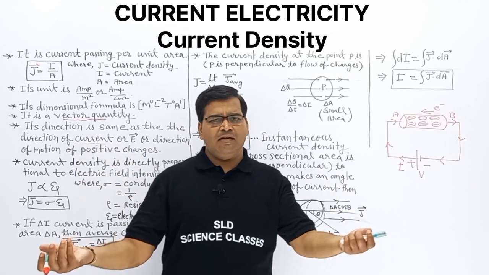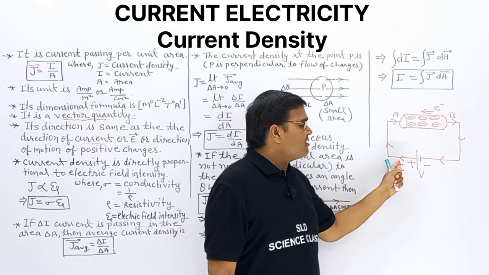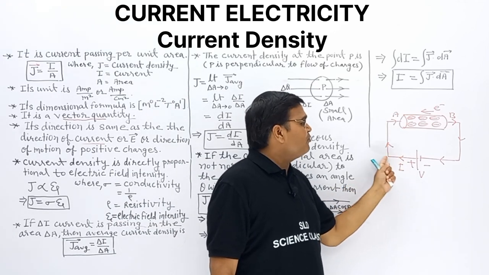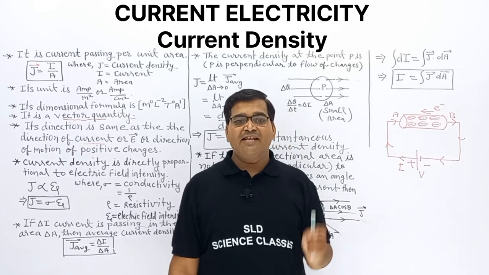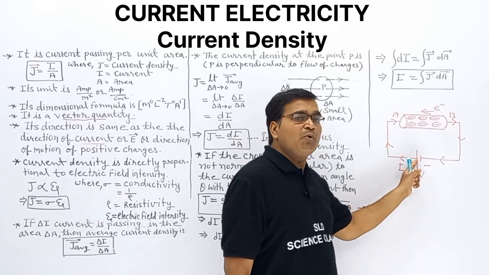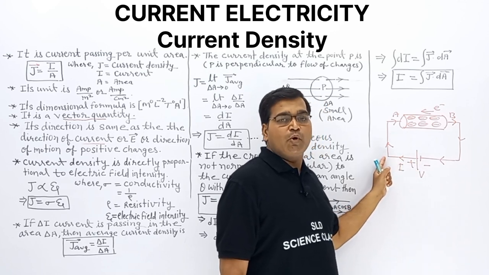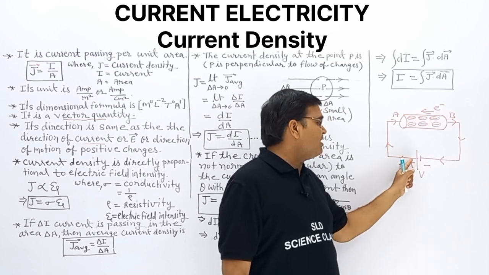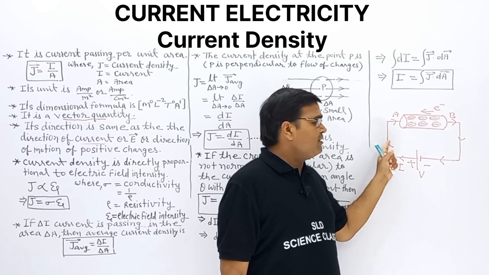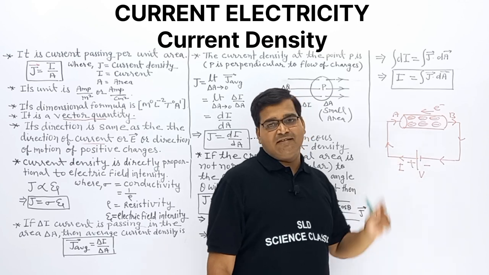What is current? Current is the flow of charges. It means this is the current direction, the direction of flow of charges. This current starts from the positive terminal, so it is the flow of positive charges.